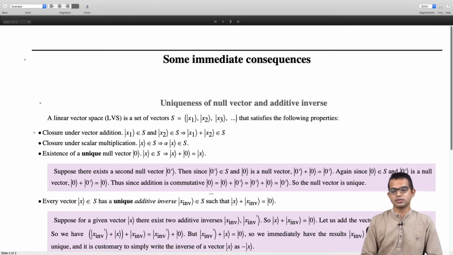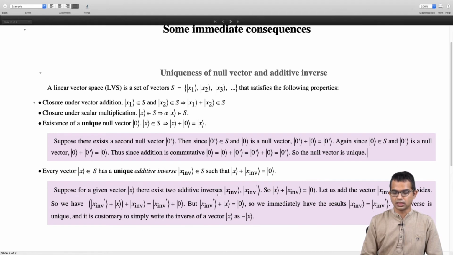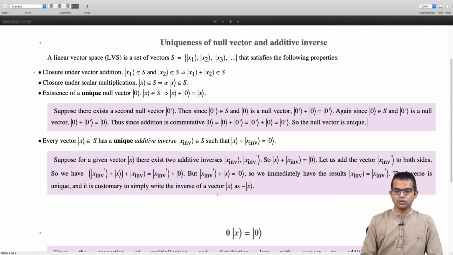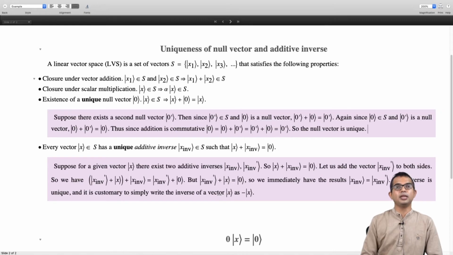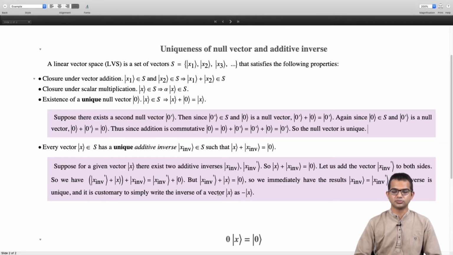And so the reason for this is the following. We will show one more consequence of this. You can show that if you multiply any vector x with the coefficient 0, you're going to get the vector 0. The analogy is with 2D vectors.